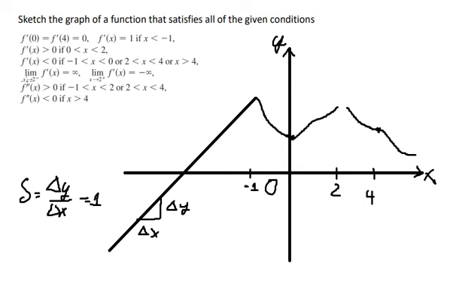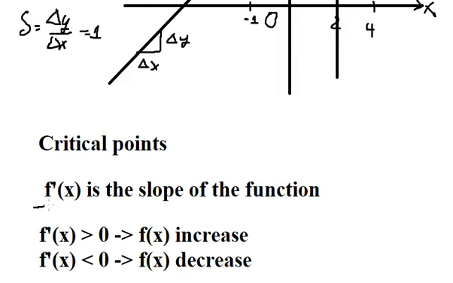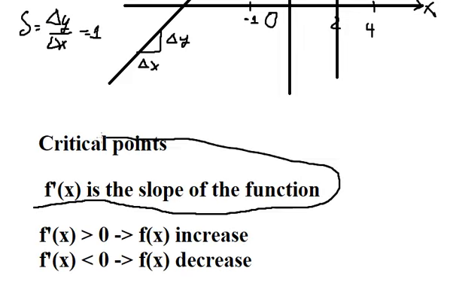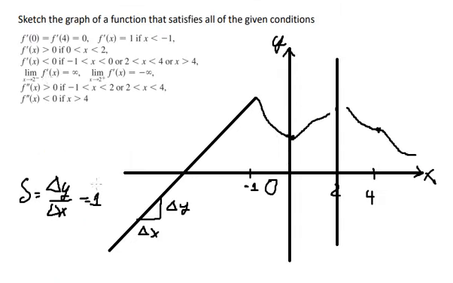The next one, when x approaches 2 on the left, when the first derivative goes to positive, this is the slope of the function. When the slope goes to positive, the function will go like this.